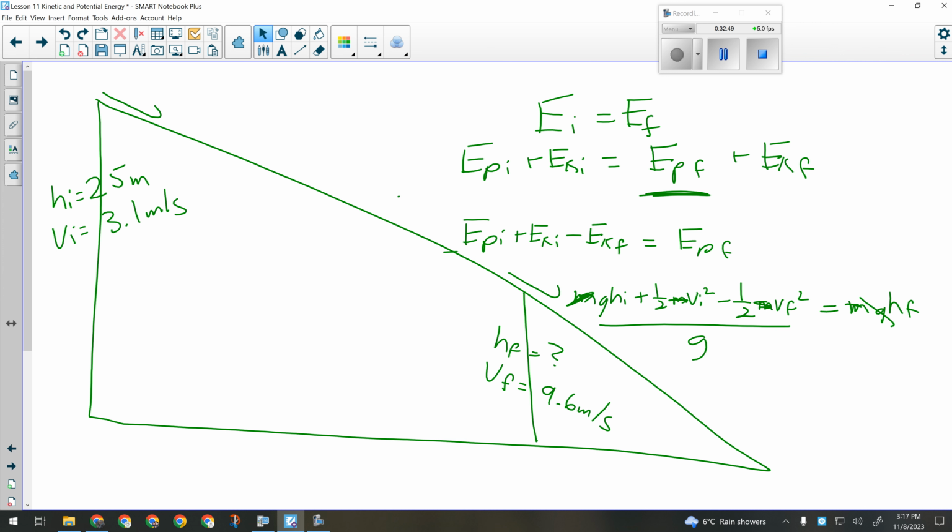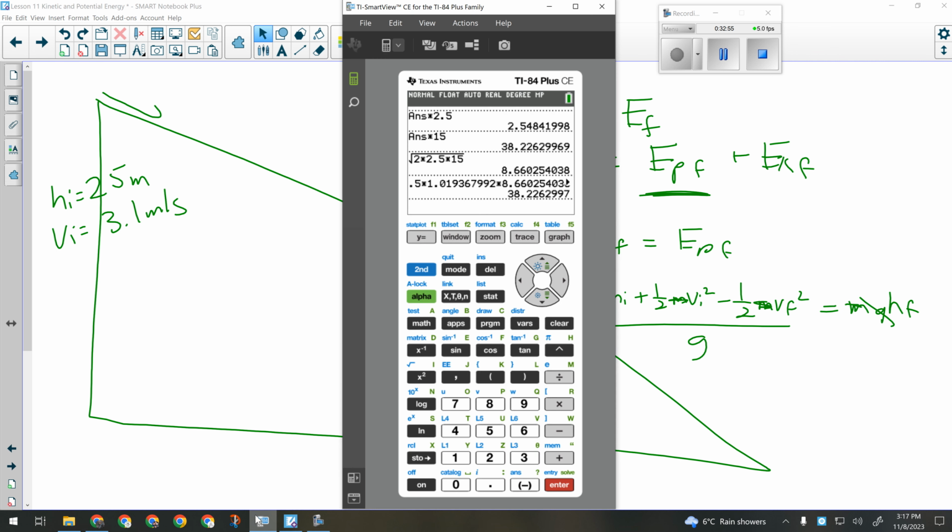Ends up being 20 point something. Okay? So 25 times 9.81 plus 0.5 times 3.1 squared minus 0.5 times 9.6 squared divided by 9.81. 20.8.